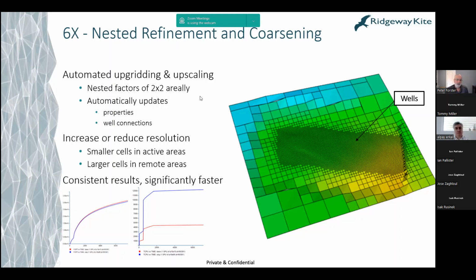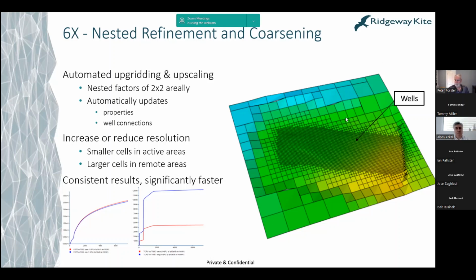So this works by factors of 2 by 2. So each block of 4 cells at the highest resolution will be combined into a single cell, and then further away sets of 4 of those cells will be combined into a single cell, and so on, to get this patchwork effect.